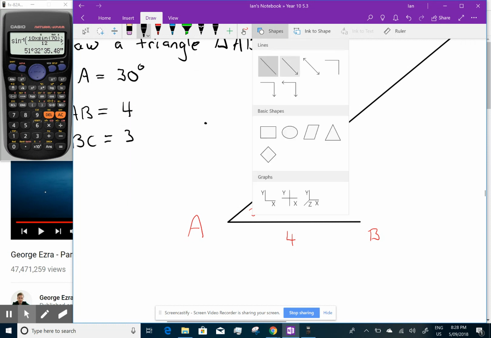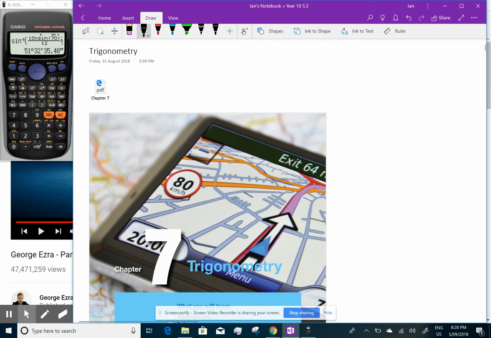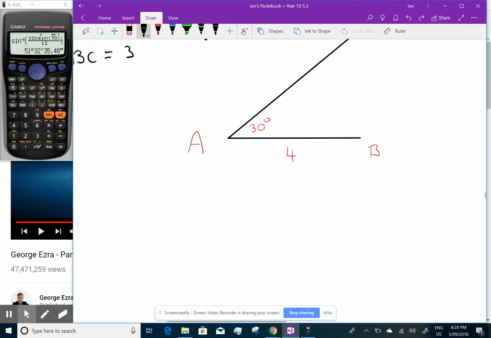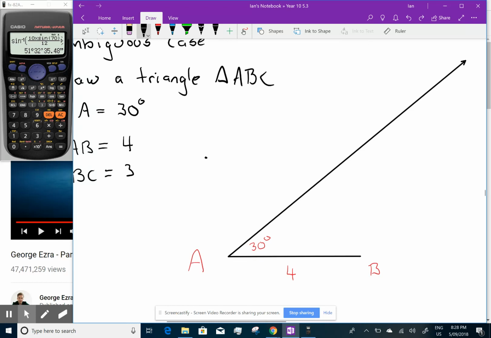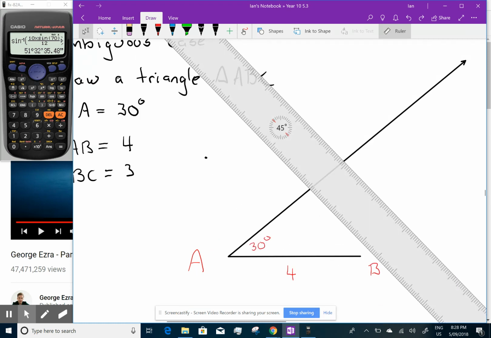I'm going to draw another line. Get it again. Here we go. All right. I might just have to freehand it if it keeps doing this. So I need a line that's 3 centimetres long.